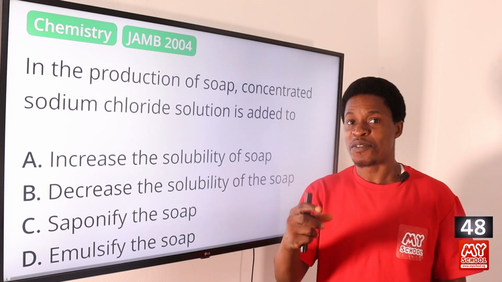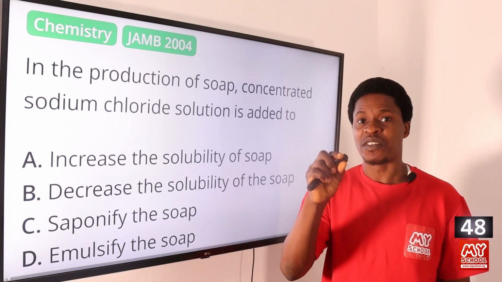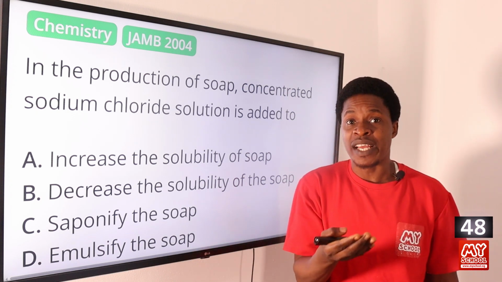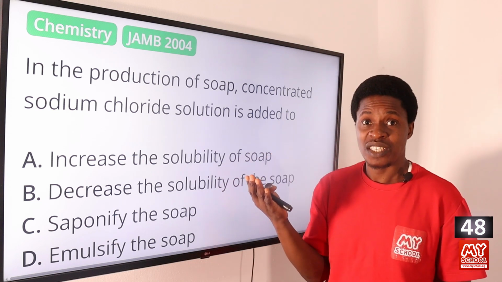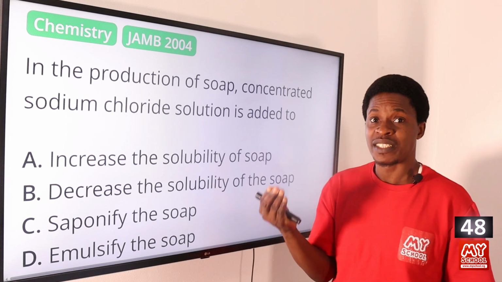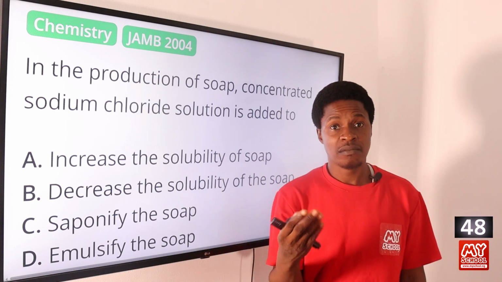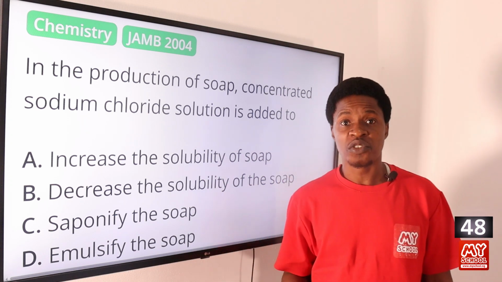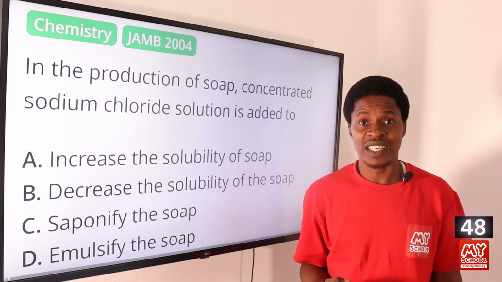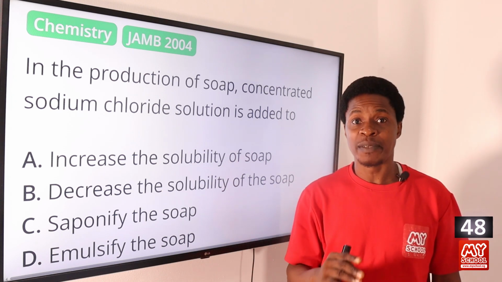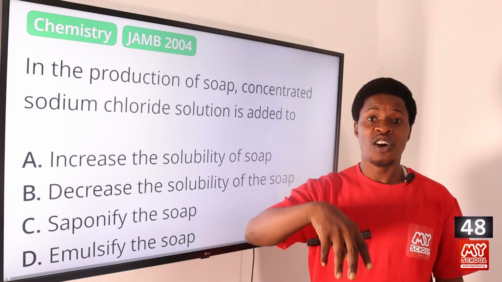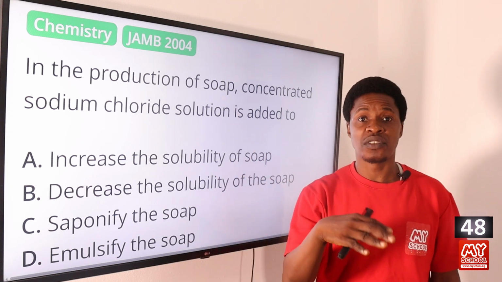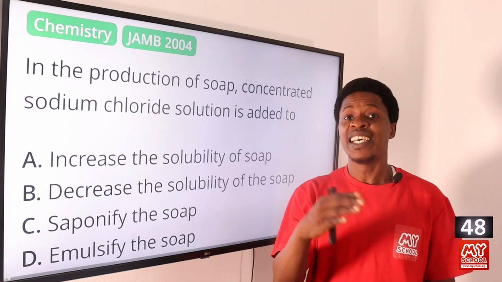The caustic soda or alkaline solution has been reacted with the fats or oil, it could be coconut oil, it could be castor oil, depending on the type of soap you want to make, and then you add all the other ingredients, maybe the perfume that is added in soap making.